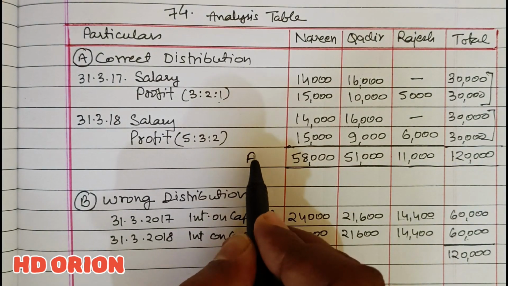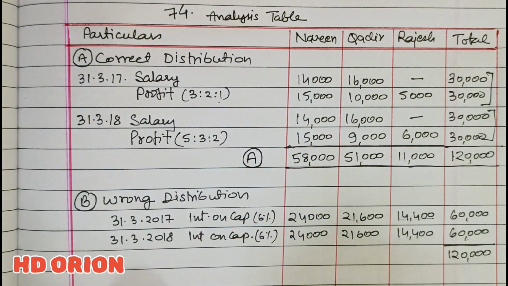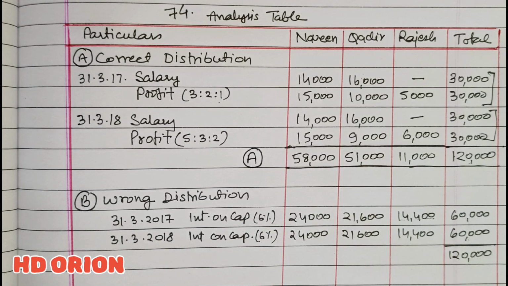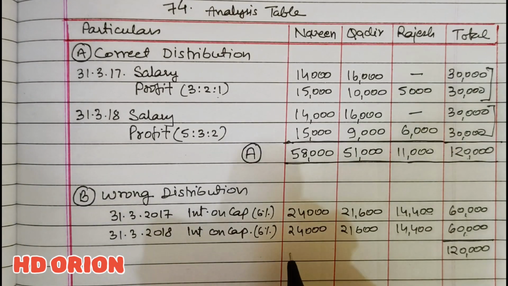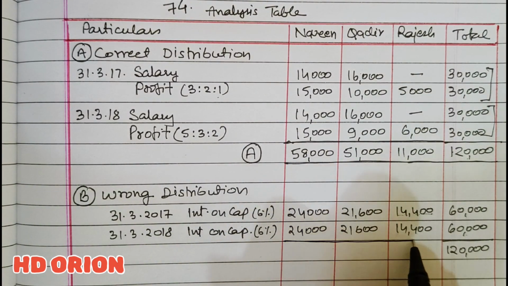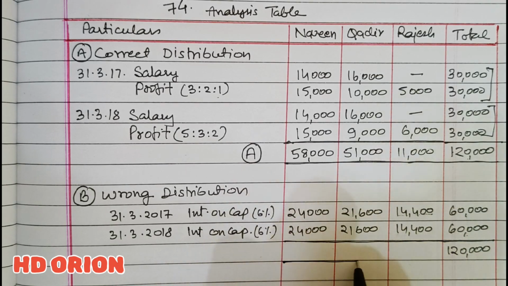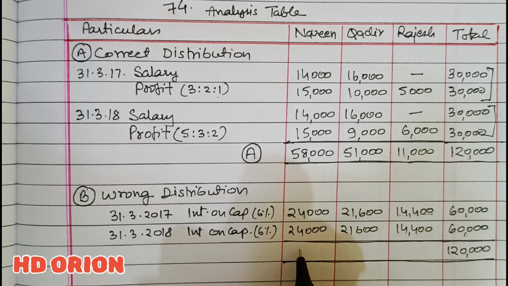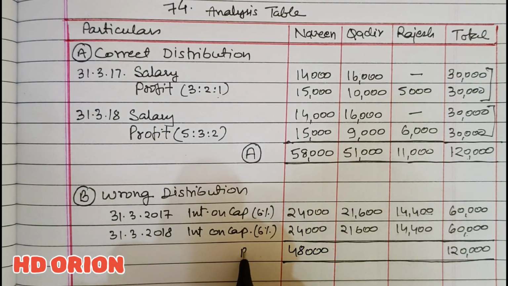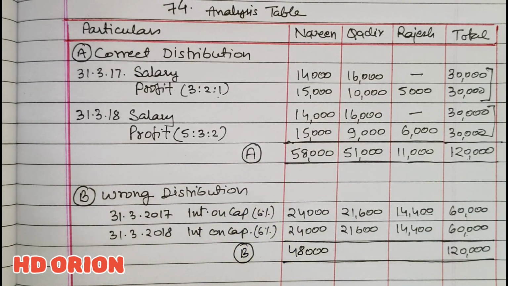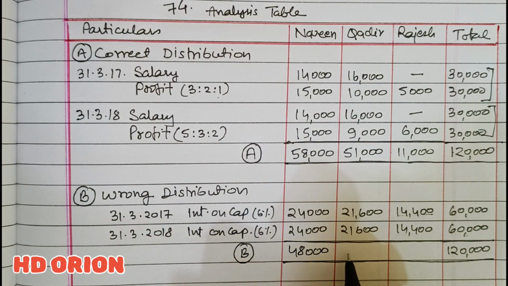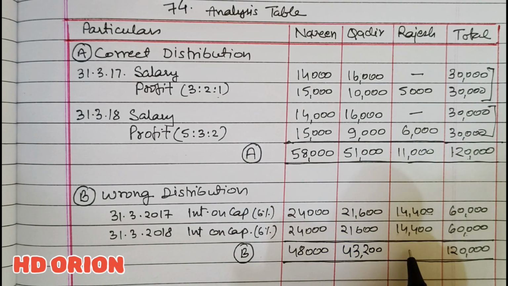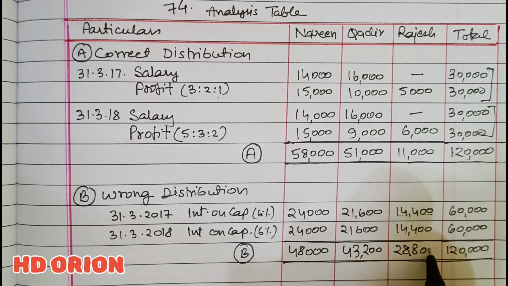Now we will call it A. These are the amounts which the partners were supposed to receive, but by mistake, due to confusion or ignorance on the part of the firm, Naveen has received only rupees 48,000. We will call this wrong amount B, and Kadir received rupees 43,200, and Rajesh 28,800.